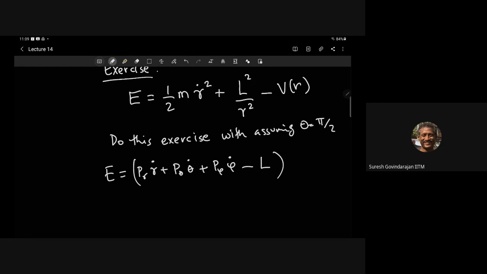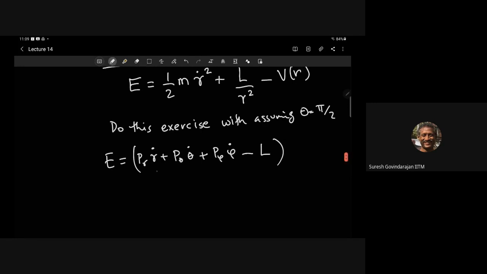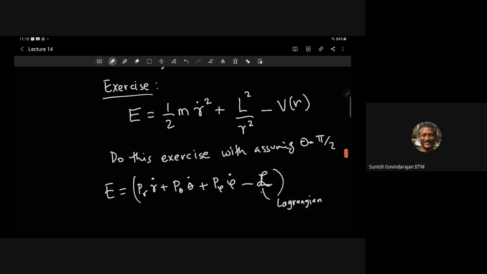So you need to work this out. Apologies, L is being overused. L will be, in this lecture at least, angular momentum, and the script L is the Lagrangian.